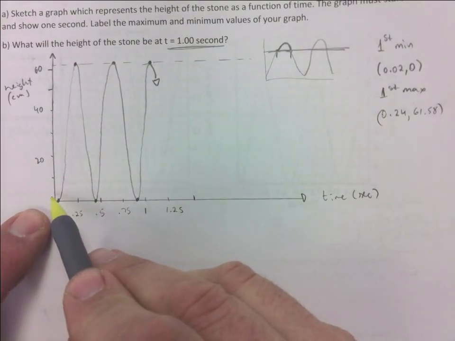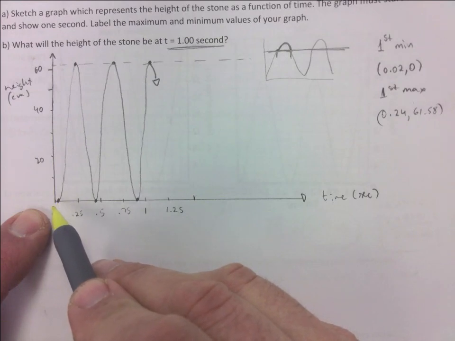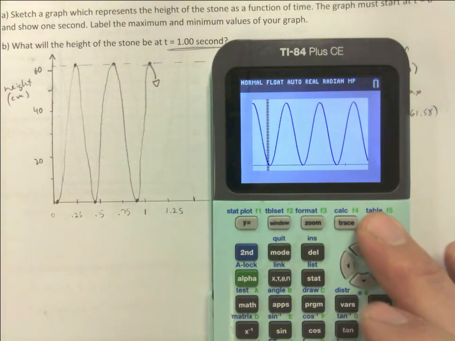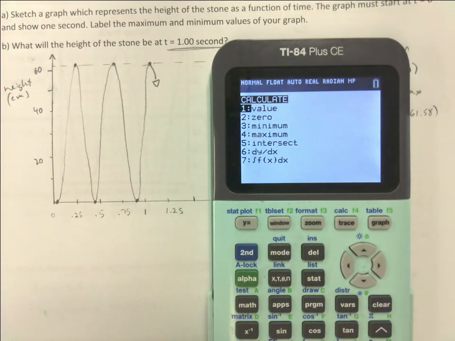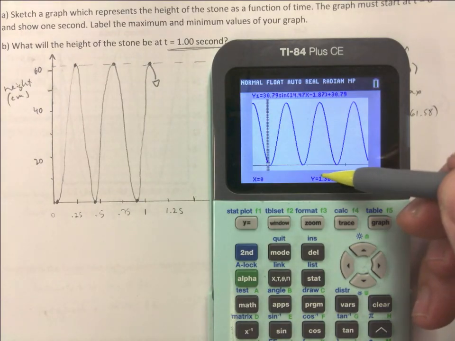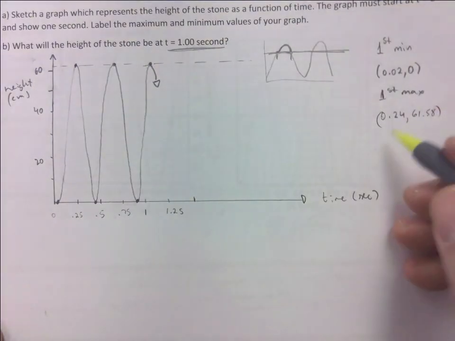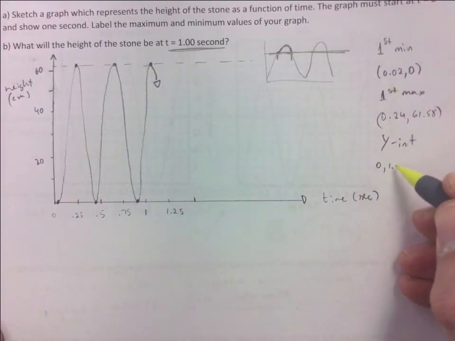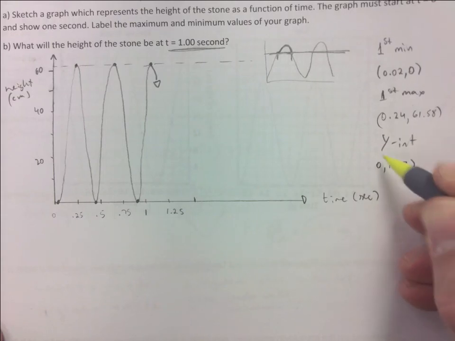And let's go ahead and find our y-intercept. How do you find y-intercepts with the calculator? Second trace, value, x is equal to 0. It's at 1.37, right? So I'm going to write that down here. Y-intercept is 1.37.